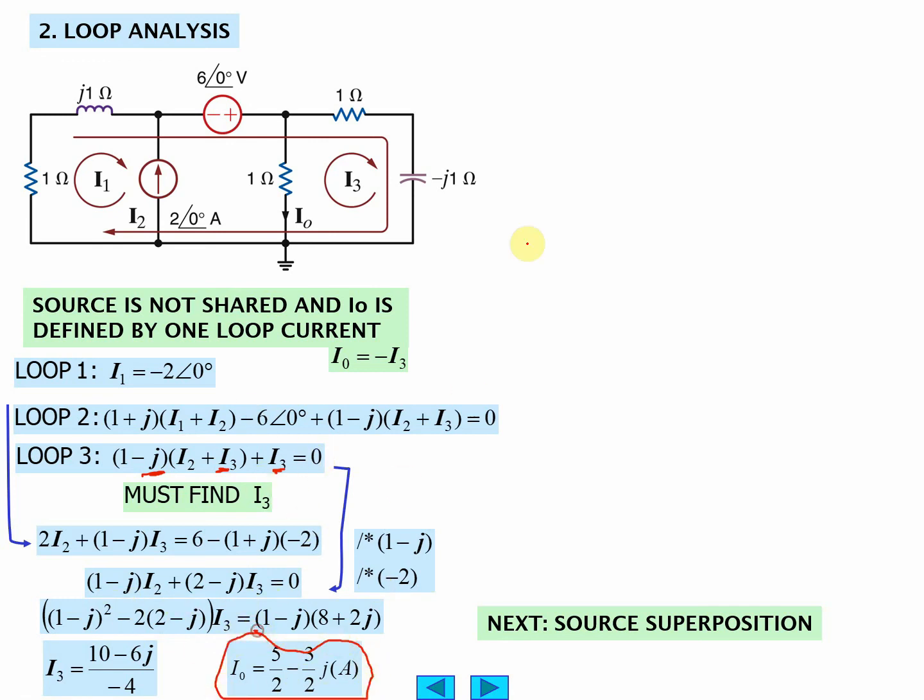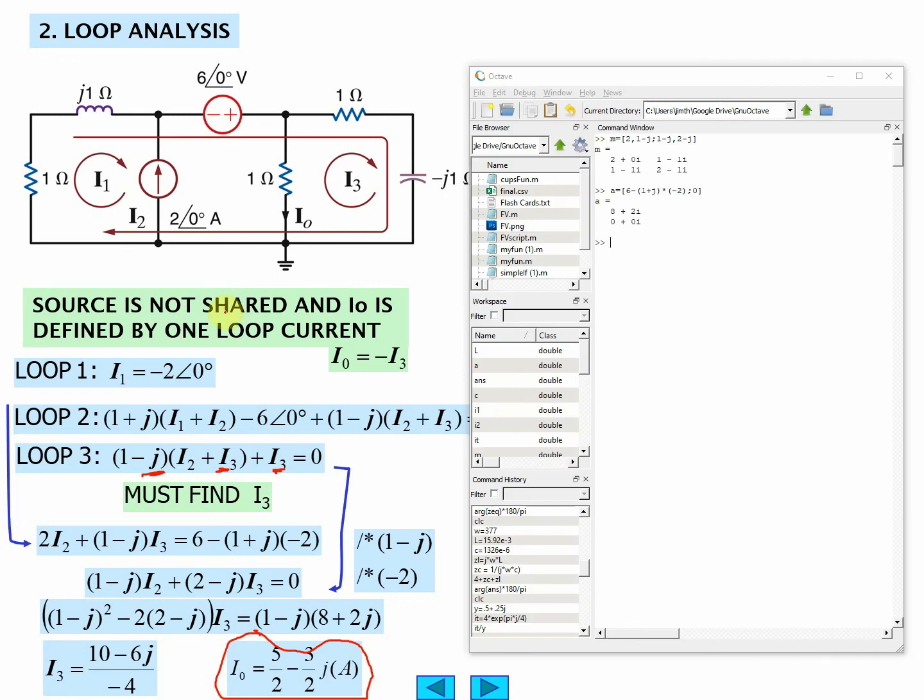I'm going to flip over to Octave. Okay, so I've set this up in Octave. It works the same way in MATLAB. I set up a matrix equal to the coefficients of I2 and I3, right there.